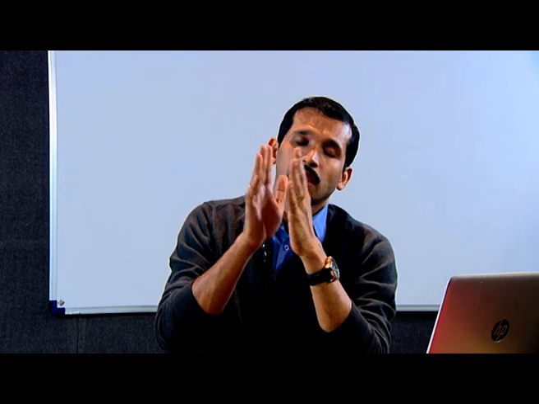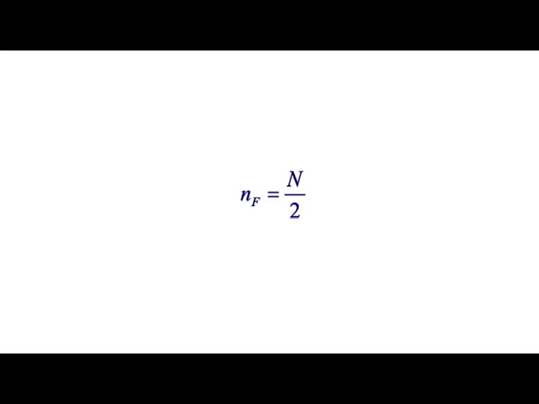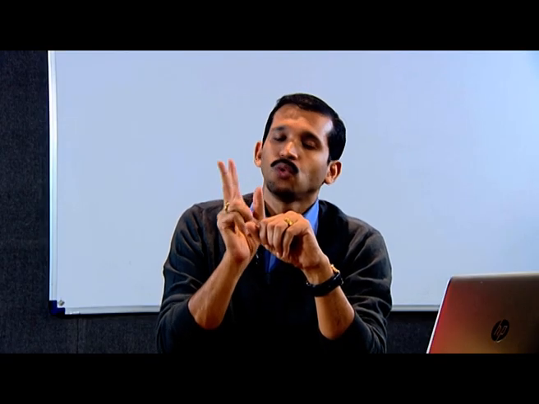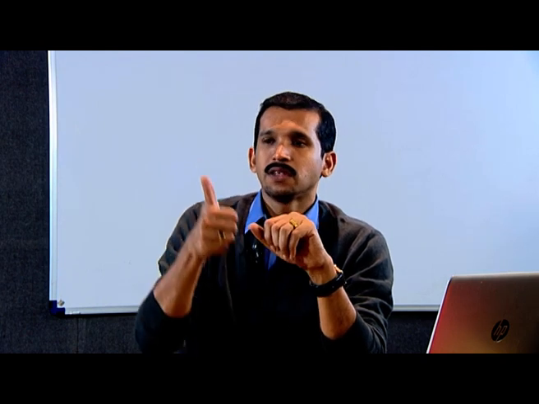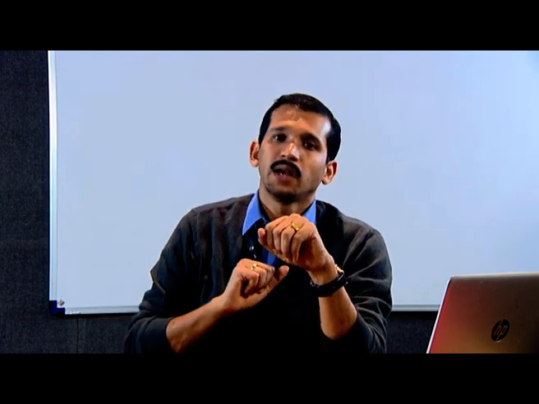If there are a total of capital N electrons, n F will be equal to N by 2, because in every orbital you have 2 electrons, one of up spin and another of down spin.